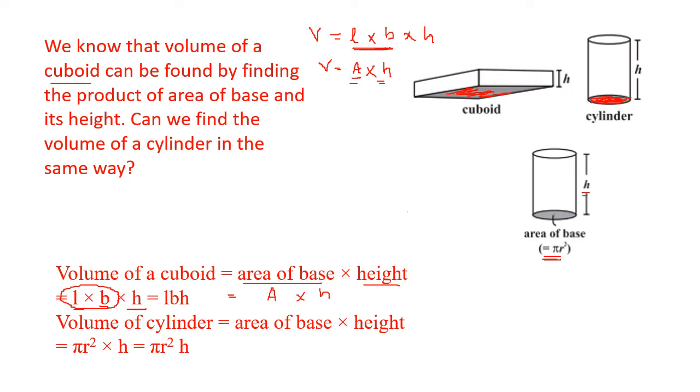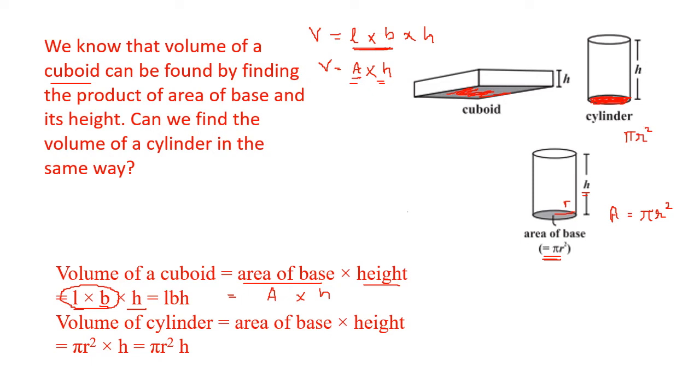And let us say the radius of the circle is r. So what is the area of the circle? Area of the circle is given by the formula pi r square. So in the cylinder, the base is a circle whose area is given by pi r square.